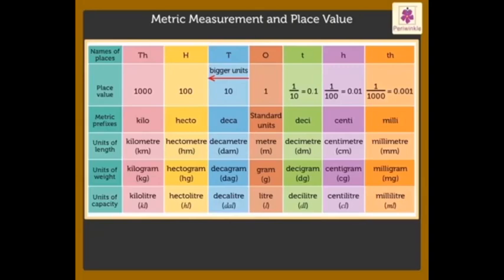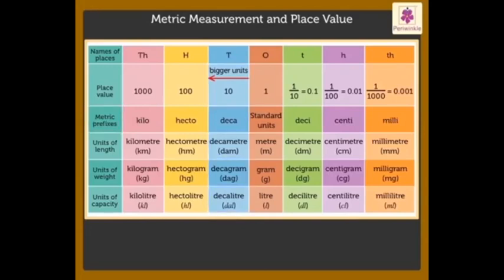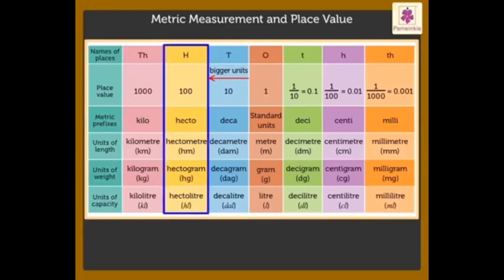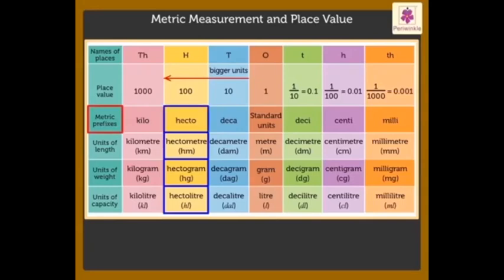We name these as decameter, decagram, and decaliter, as the prefix deca means 10 times. And the units in the hundreds column are 100 times bigger than the standard units. We name these as hectometer, hectogram, and hectoliter, as the prefix hecto means 100 times.